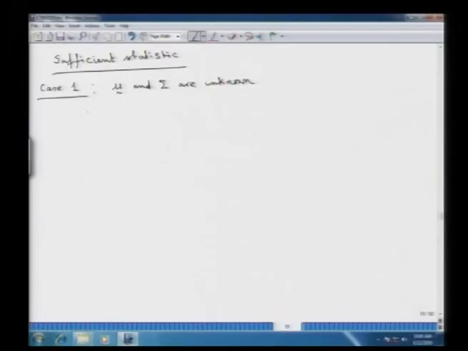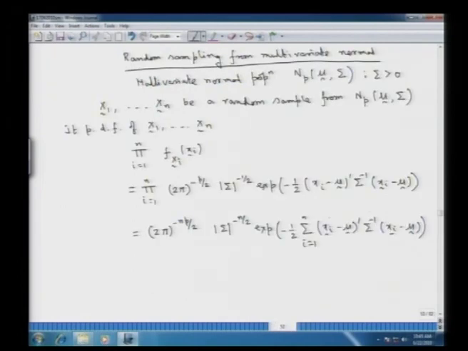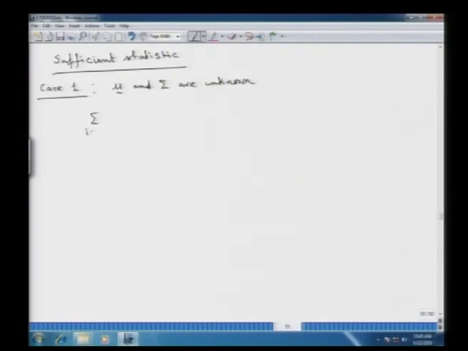Right. Now let us consider this particular term which is present in the exponent, and see how we can manipulate it. This is summation i equal to 1 to n (xi minus mu) transpose sigma inverse (xi minus mu). So we introduce an x bar term. Note that this derivation of the sufficient statistic for the multivariate normal population goes along exactly the same lines as what we usually do for a univariate normal population.